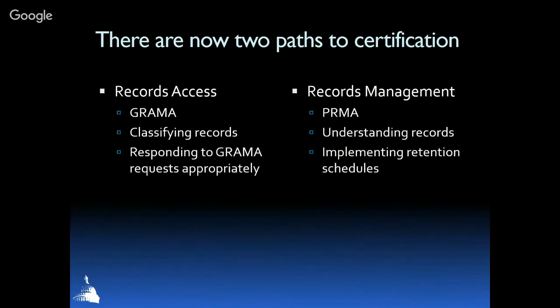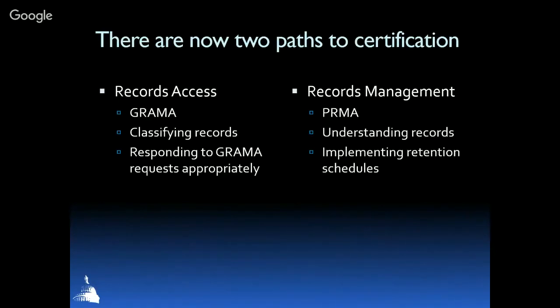There are new paths to certification: a training that focuses on records access and a training that focuses on records management. Both certification tests will be available to every records officer, and they are both online right now. Records officers who are responsible only for GRAMA requests must take the Records Access Certification test.